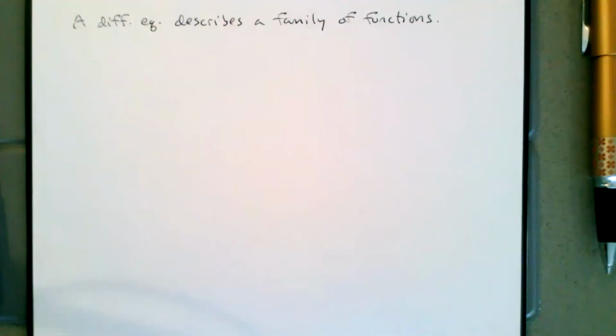That's the family part. What we saw when we were doing our indefinite integrals is that all the antiderivatives were only different from each other by the constant at the end. So they were all vertical shifts of each other. That plus c just moves things up or down.